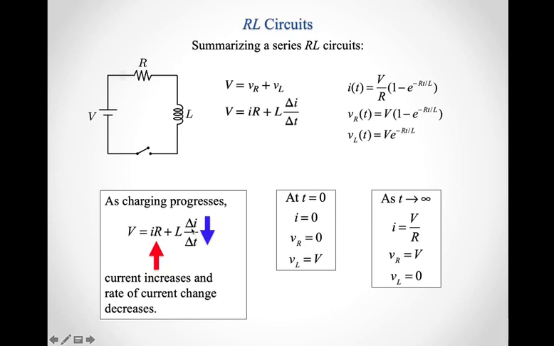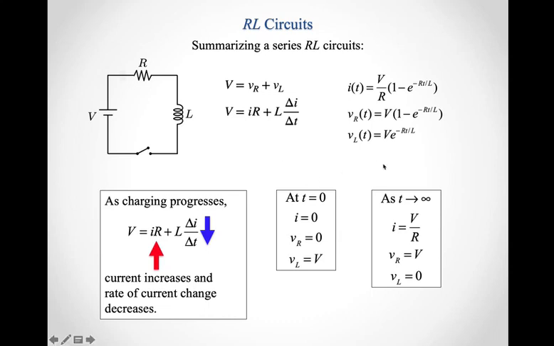So if you think about that graph of the current, it flattened out as time went on, which means that its rate of change decreased. The rate of change of the current decreasing is part of why the voltage value of the inductor decreases.